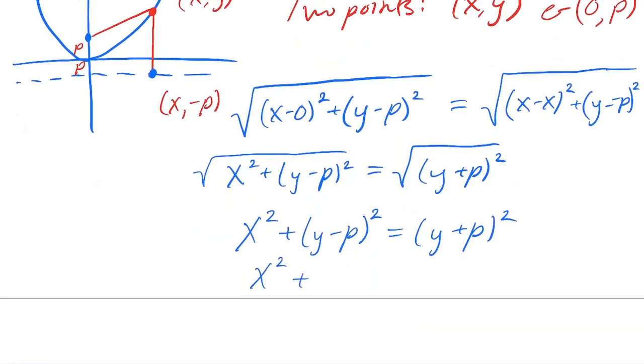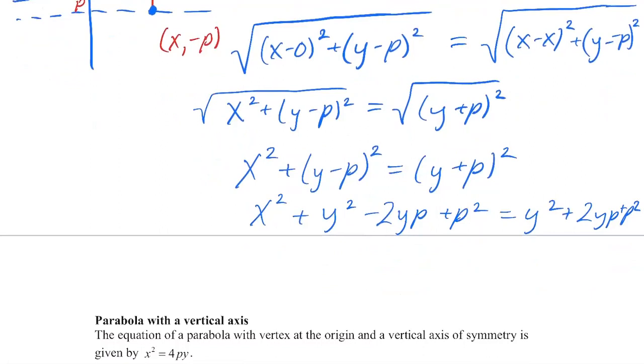We're going to expand. We'll get x squared plus y squared minus 2yp plus p squared equals y squared plus 2yp plus p squared.